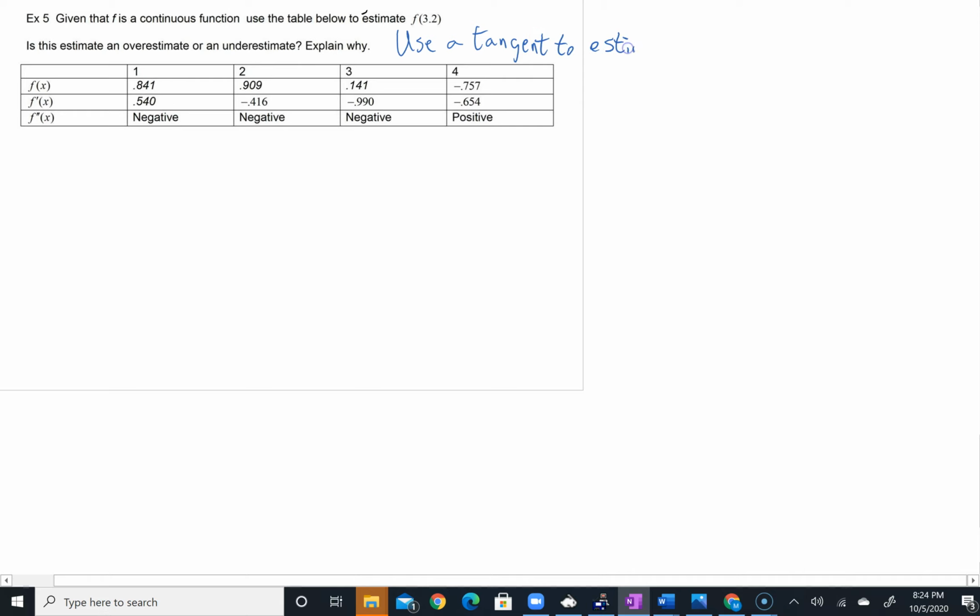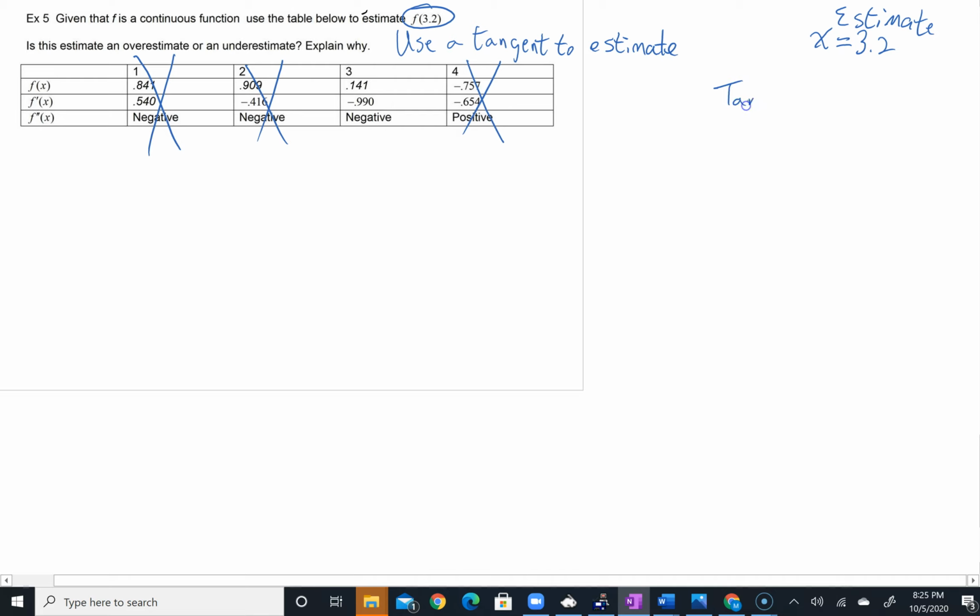So we've talked about getting a tangent line before. You can see we're trying to estimate f of 3.2. I'll tell you what, so much of this table is actually superfluous. We're not going to use it. We're focused on x equals 3.2 to get the estimate, but that means that our tangent line would have to be somewhere close to that.